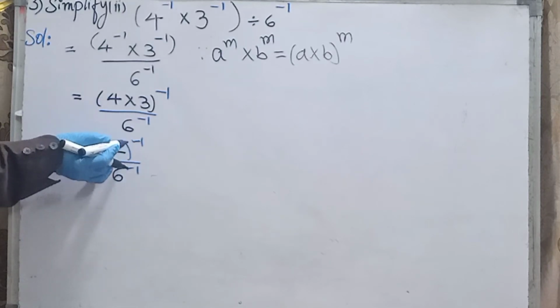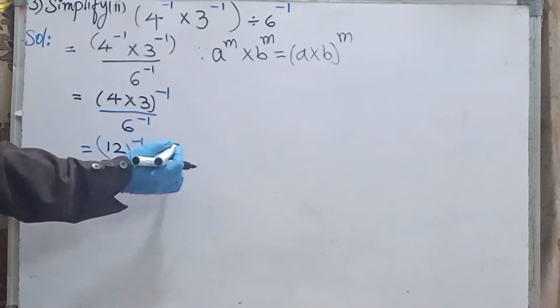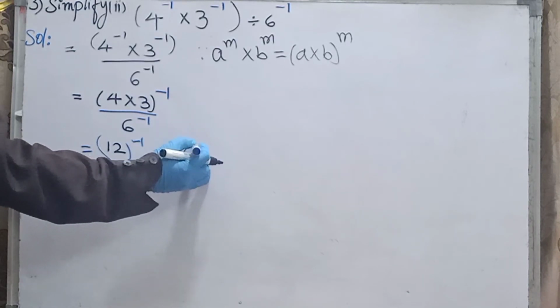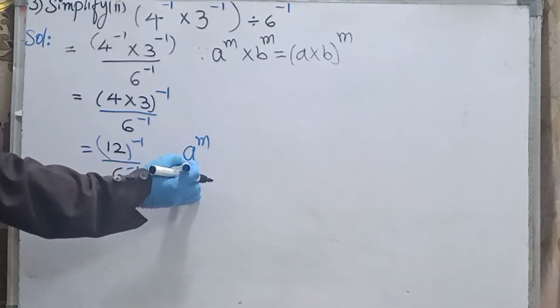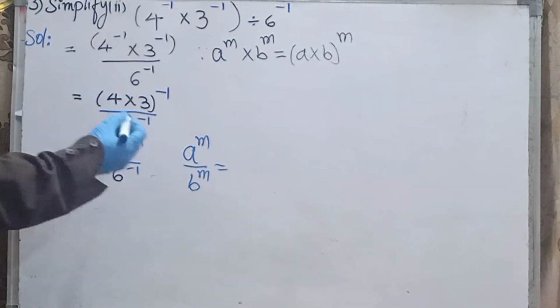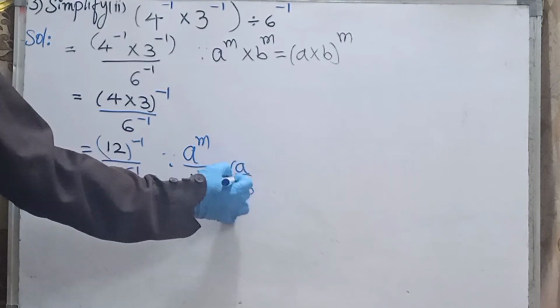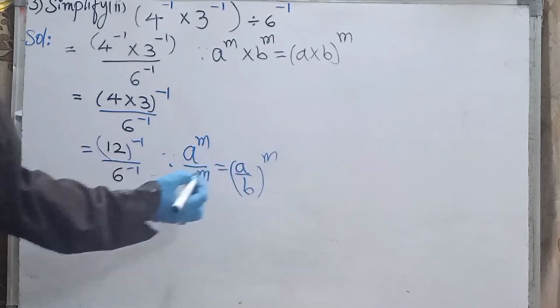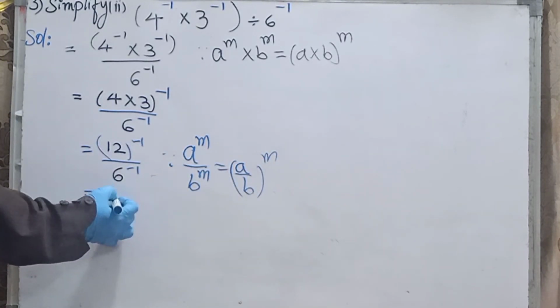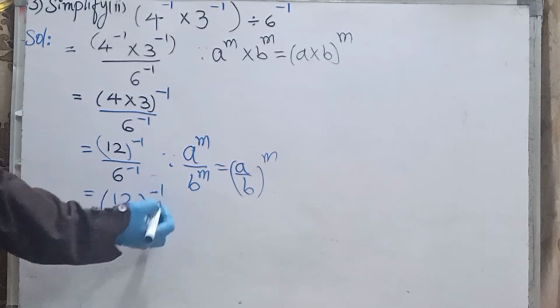Again we have powers the same and bases different. So what can we use again? We can use a power m by b power m is equal to a by b whole power m. So it is equal to 12 by 6 whole power minus 1.